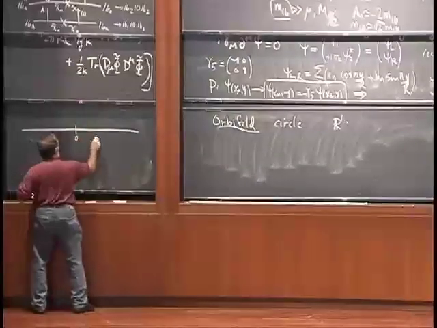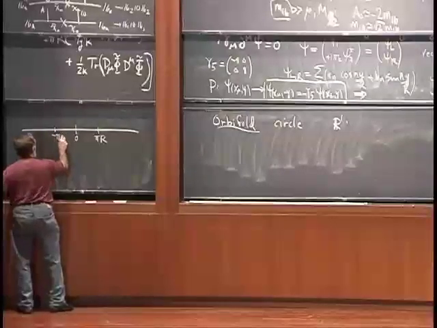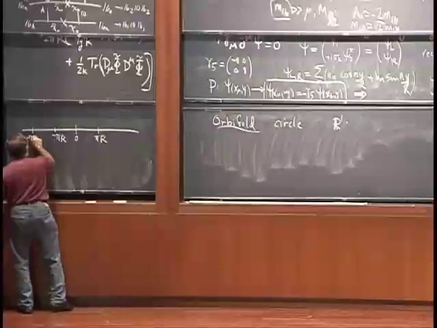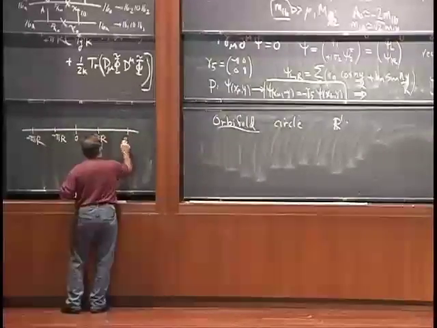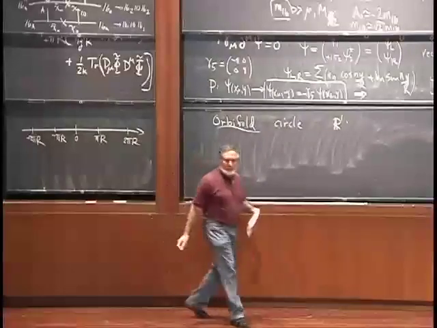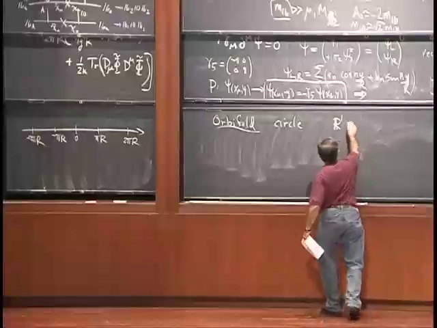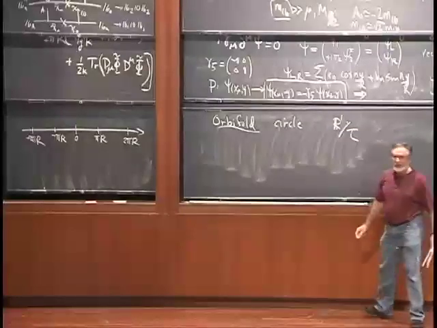Here's 0, here's pi r, here's minus pi r, minus 2 pi r, and it goes out to infinity on both sides. So it's just the real line. And we'll mod out by a translation group, T.